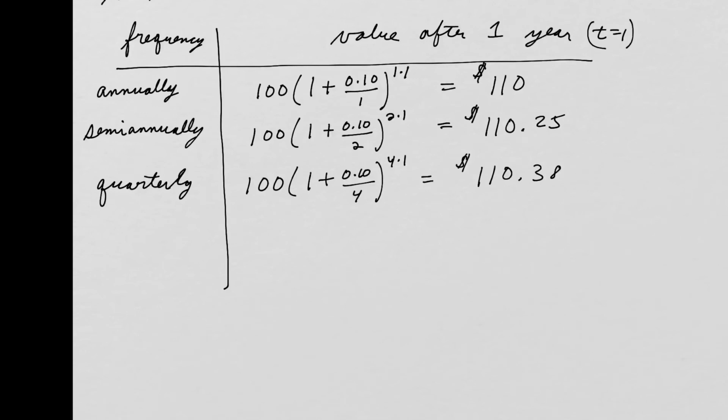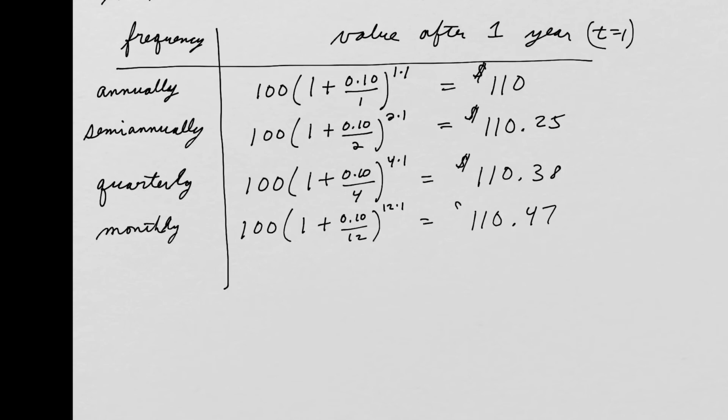If I were to compound it monthly, then what is K? It's 12, right? So this would be 0.10 divided by 12 raised to the 12 times 1. And that, again, is going to be a little bit more. It'll be $110.47. And then we'll do one more.